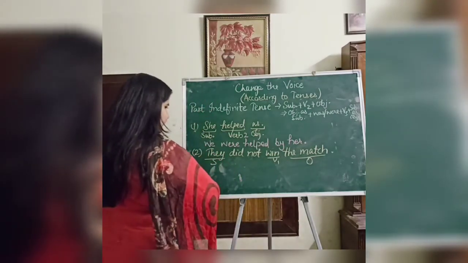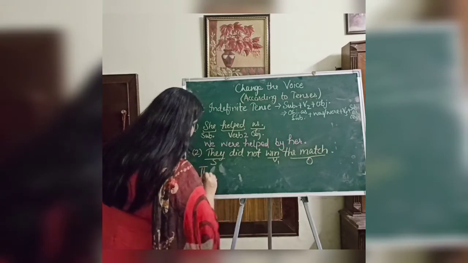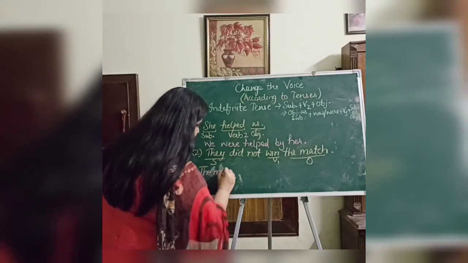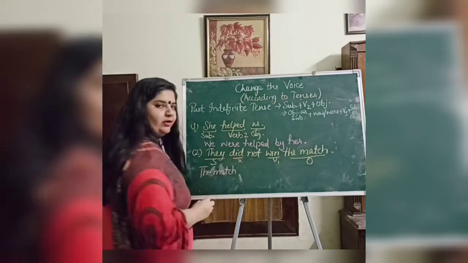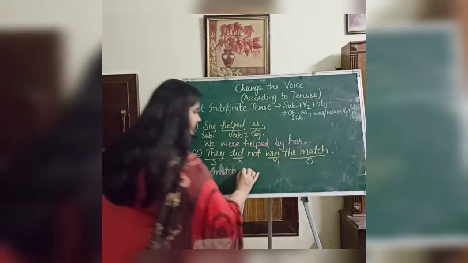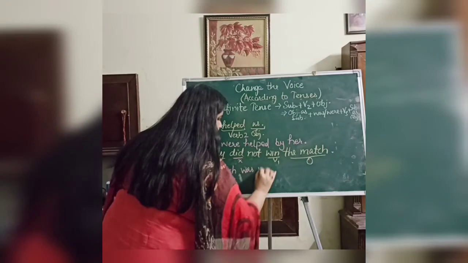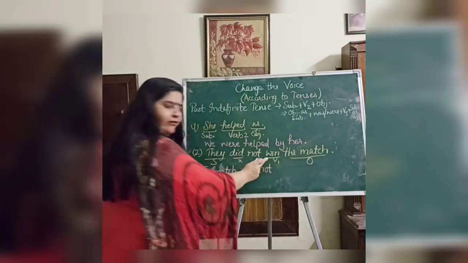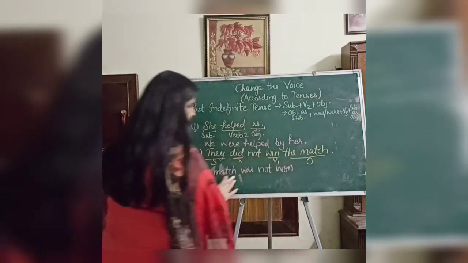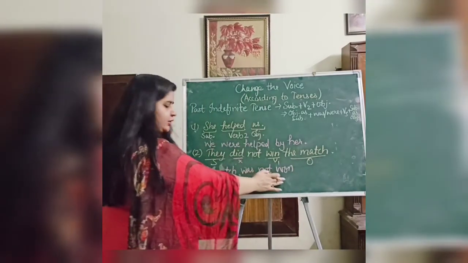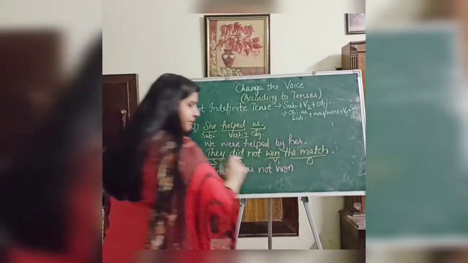Let's change. The match. Now, did will be replaced by was or were. In this case, was. Not. Third form of win is won. The match was not won by them.